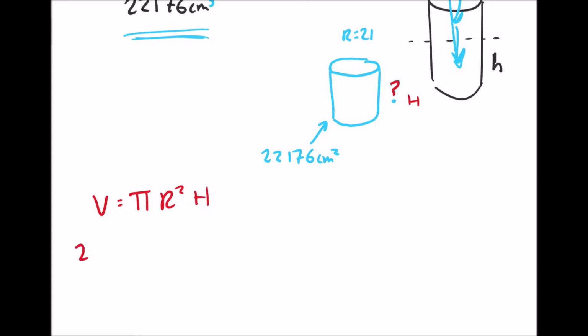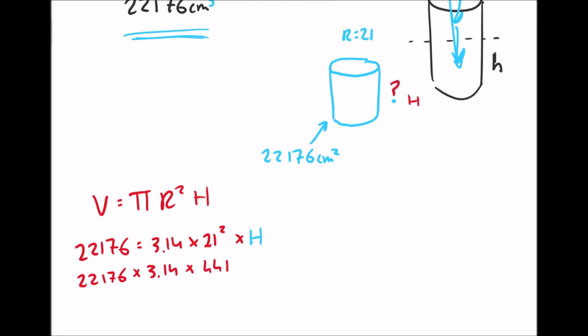We know the volume this time, so 22,176 equals pi, which is 3.14, we'll say, multiplied by the radius squared, which is 21 squared, multiplied by the height, which we don't know. Okay, so we have 22,176 equals 3.14, and I'll square out my 21 squared, and it's 441 multiplied by the h.